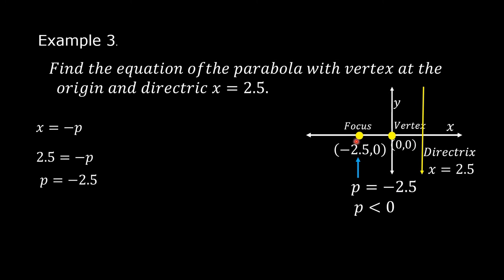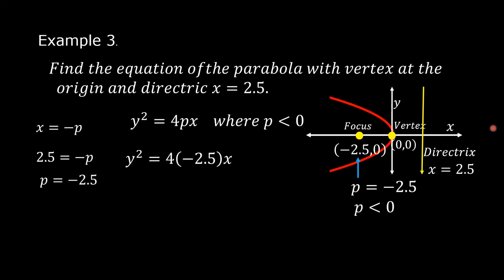If the focus of the parabola is on the x-axis and p is less than 0, then the parabola opens to the left, and it has an equation in the form of y squared is equal to 4px, where p is less than 0.